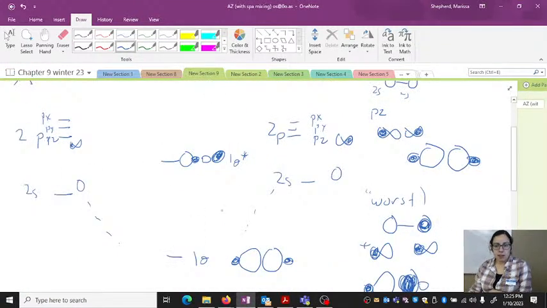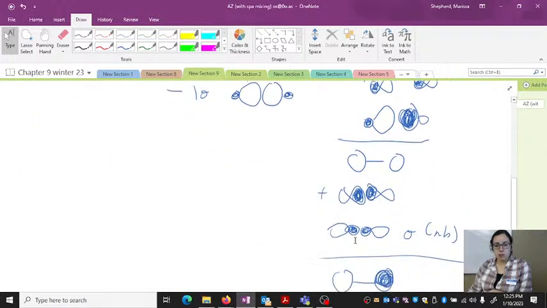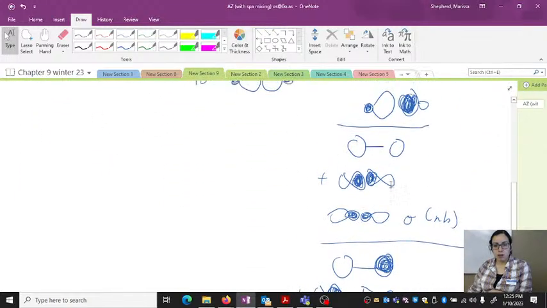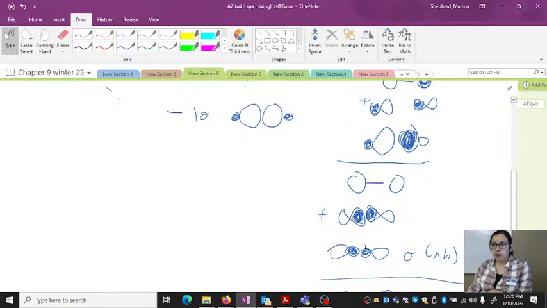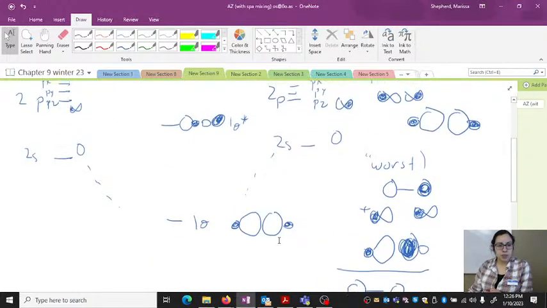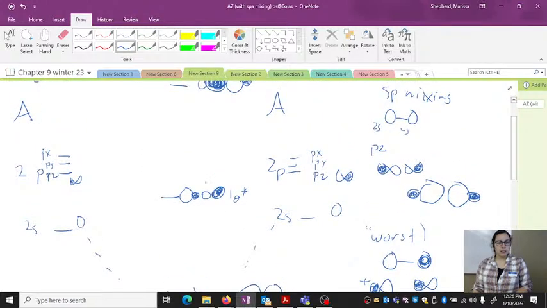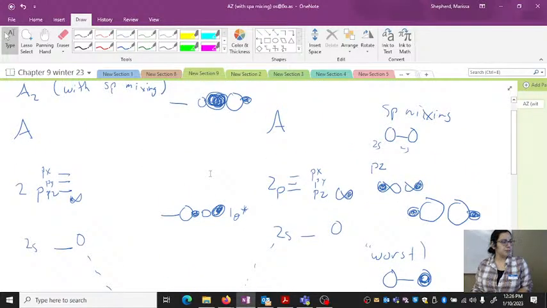But once we mix, we're debating between this non-bonding interaction, or is the p orbital higher or lower in energy? What we find is this has more favorable overlap, since this is essentially non-bonding. And so that's why those are next in line here.